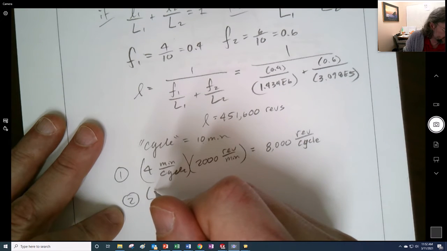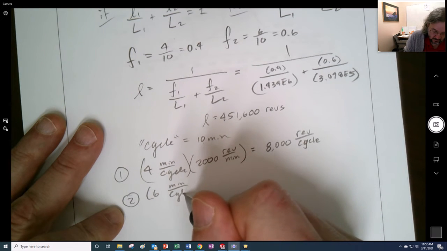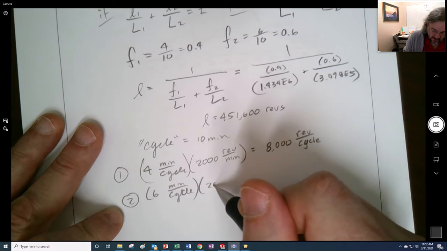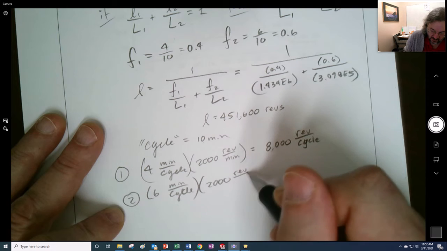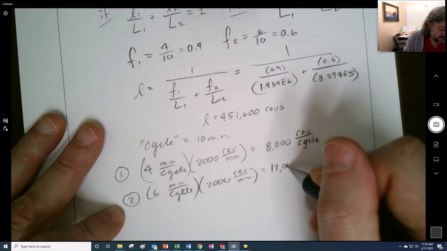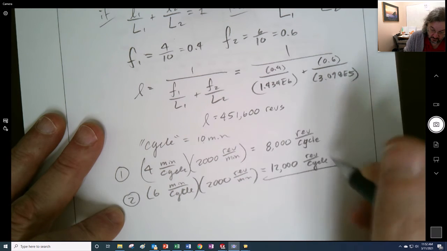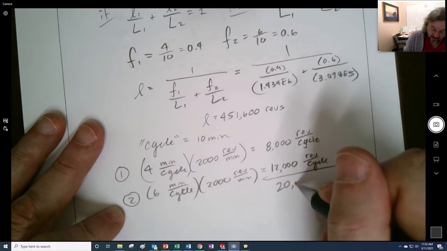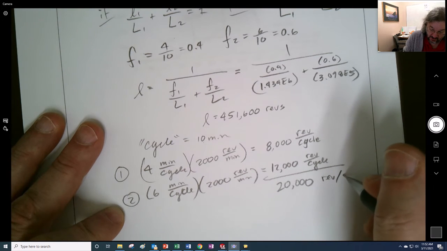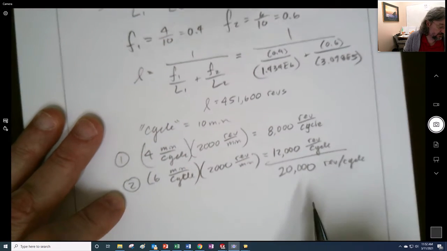For the other situation, 2,000 rev per minute, so we have 12,000 revolutions per cycle. So that means that we have 20,000 revs per cycle. For every 10 minutes, there's this many revolutions right here.